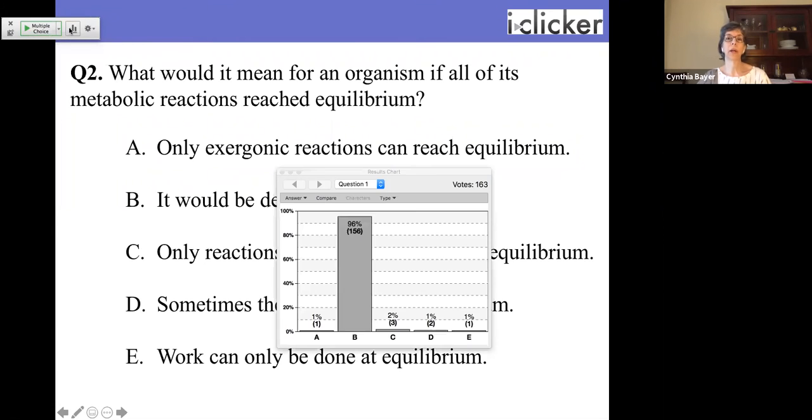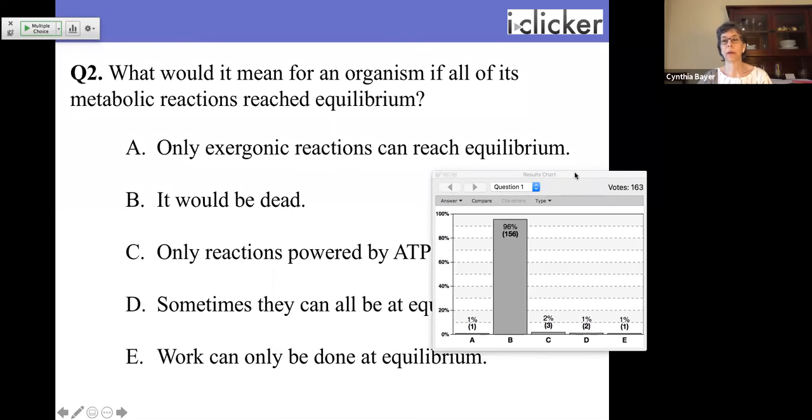If all of those reactions reached equilibrium, the cell would not be able to survive.